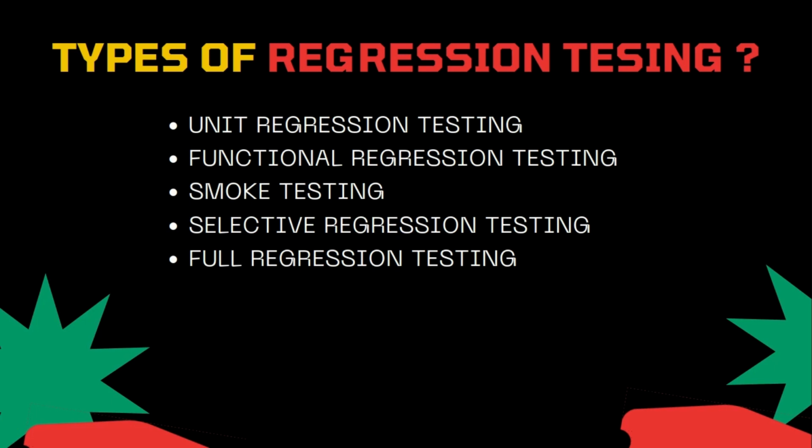So in short, in conclusion, regression testing is a crucial part of the software testing process, which helps to maintain and improve software quality by ensuring that new changes do not break any existing functionality or introduce new defects or bugs.